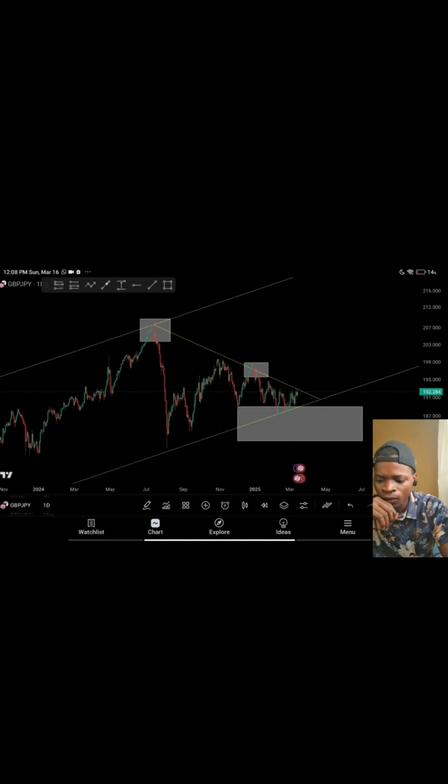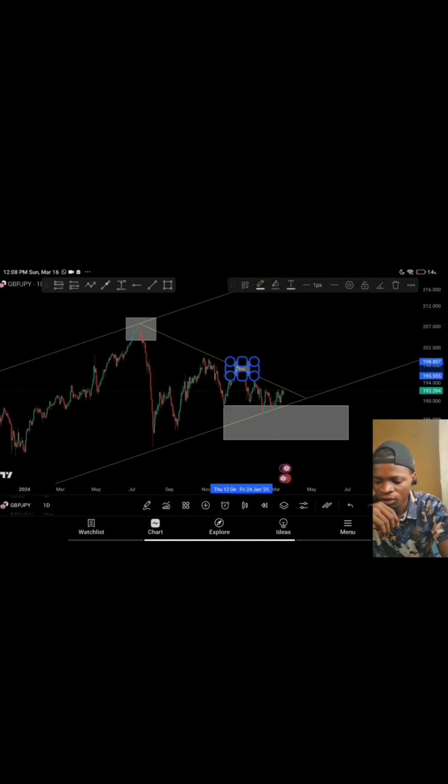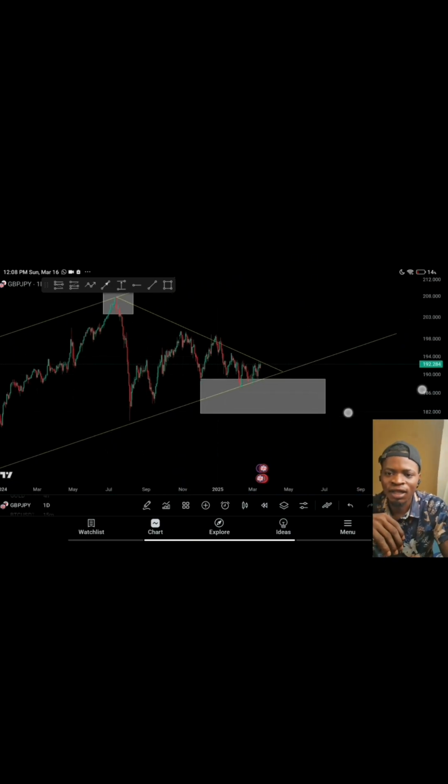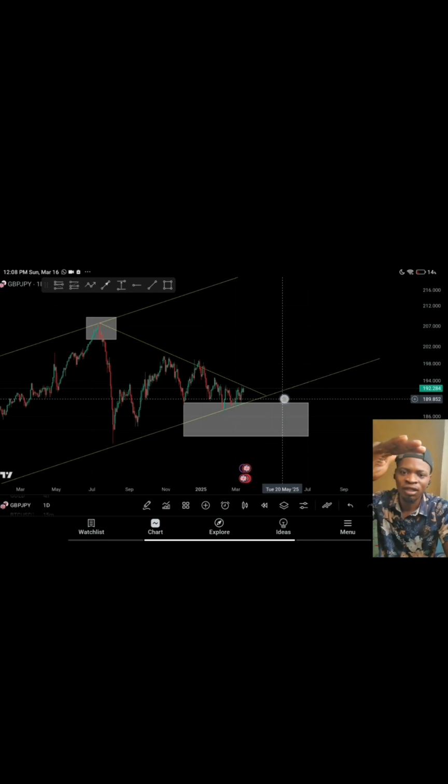So what you have to do here now is to wait, because both buyers and sellers are currently active in the market. You see, price has been respecting this support trend line here, and price is still respecting the resistance trend line here. So you will just have to wait, because sellers are on the resistance trend line while buyers are on the support trend line.